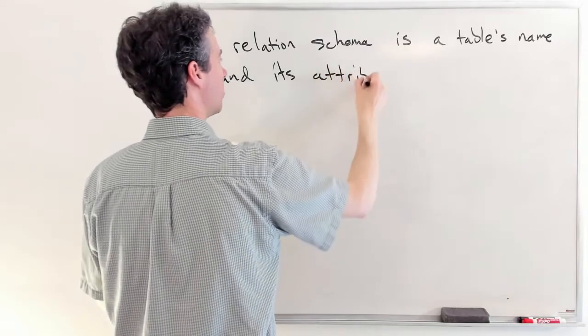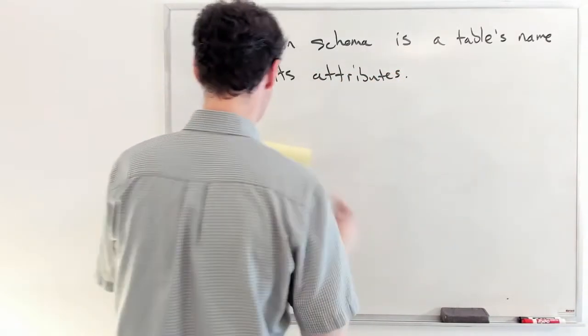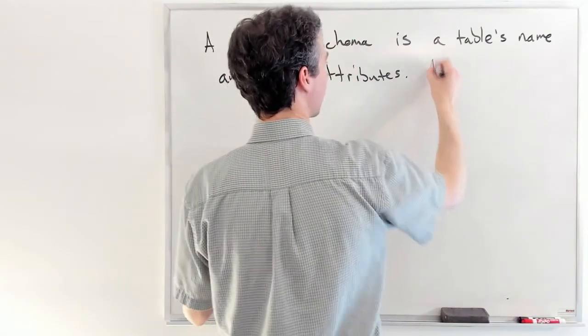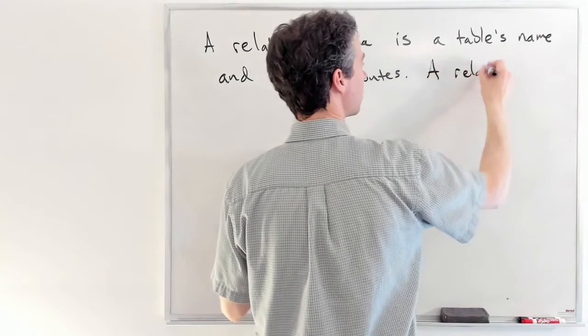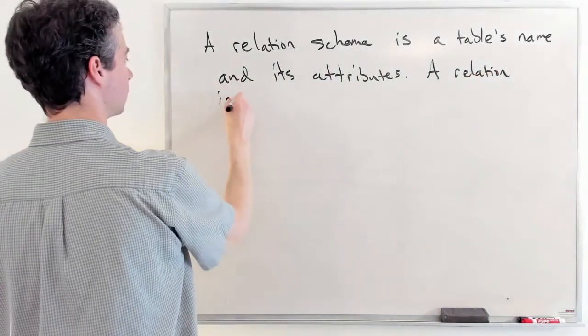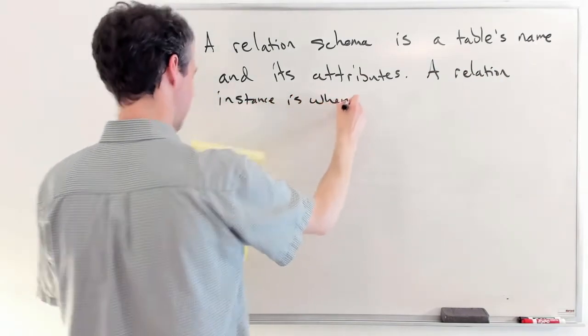It actually could not be any simpler. Okay. So for example, and I'll say this again, we already said it, but a relation instance is when we fill up the table with data.